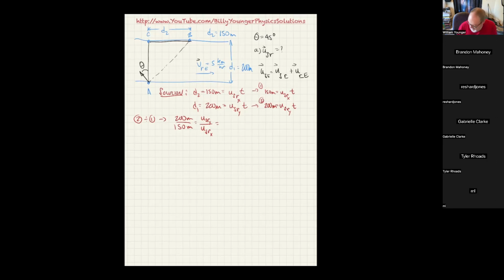but that helps us a lot. So we can see, for instance, that 200 divided by 150 would be 4/3. And that suggests, in fact, that the angle, which I'll call phi, is equal to 53.1 degrees.